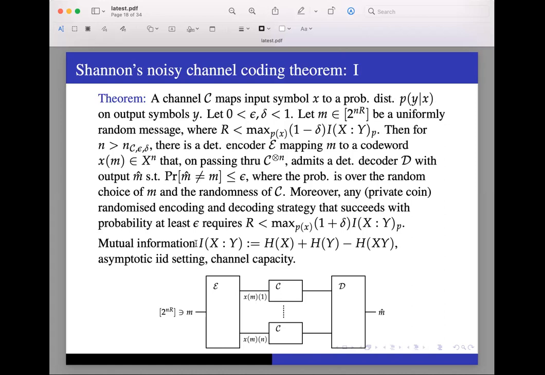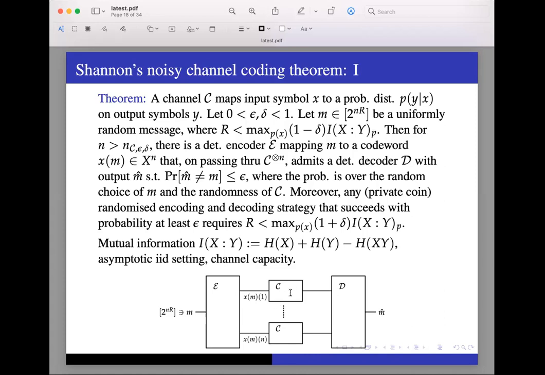So the code word is an n-tuple of symbols X from the input alphabet of C. So the input alphabet of C is just one copy of X, but I'm not mapping M to one copy of one symbol X. I'm mapping M to an n-tuple. Okay, so this is a notation for the n-tuple, if you recall. So x^m is an n-tuple of symbols from the alphabet capital X. Okay, so that's the code word.